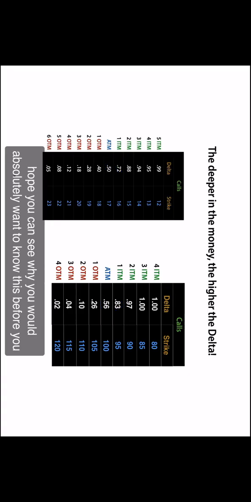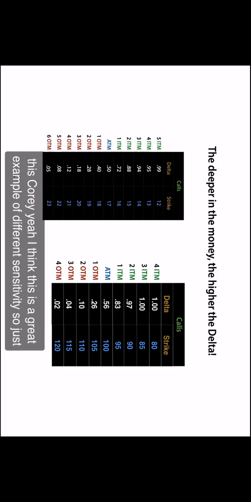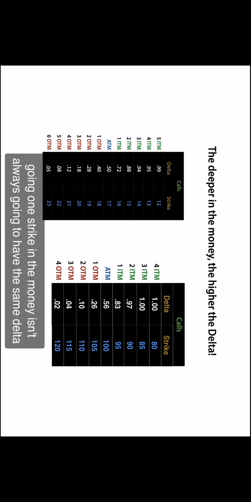I hope you can see why you would absolutely want to know this before you start messing around with actually buying puts and calls. Any comments on this, Corey? Yeah, I think this is a great example of different sensitivity. Just going 1 strike in the money isn't always going to have the same delta amount.